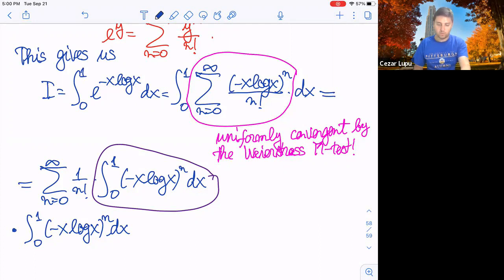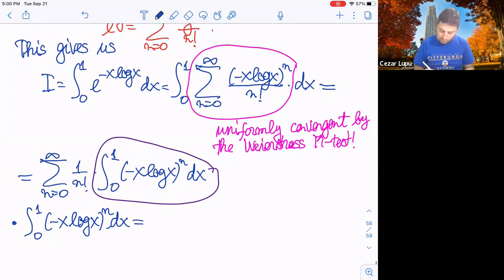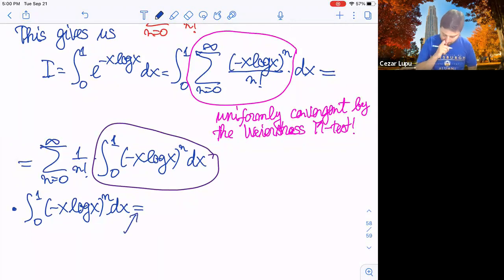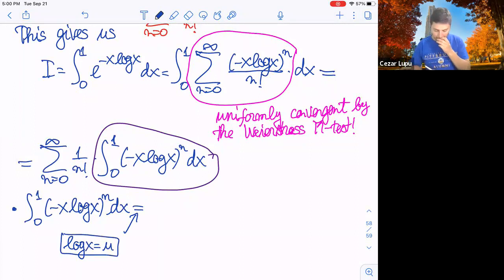What should we do about this one? All right. Let's perform a u substitution. So let's just say log of x equals u. Or maybe no, maybe negative log of x equals u.